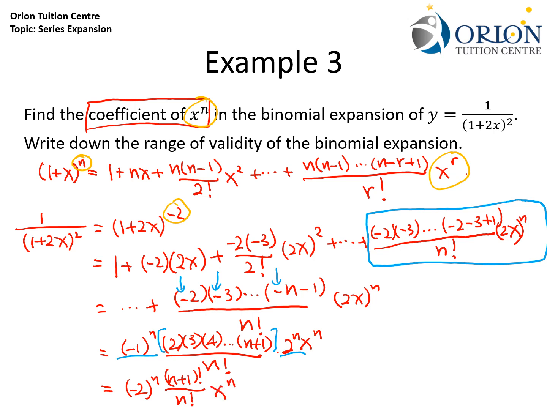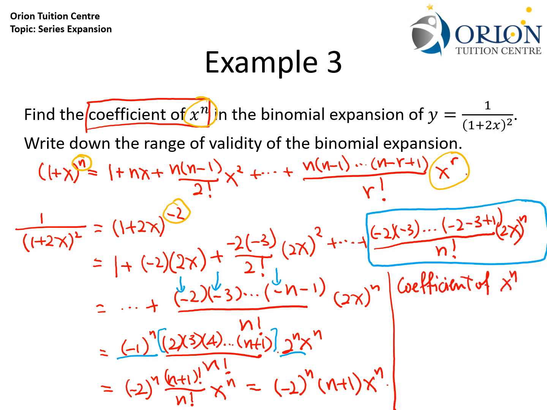And thus, this gives us negative 2 to the power of n multiplied by n plus 1 times x power n. So based on this, we can say that the coefficient of x power n is negative 2 to the power of n times n plus 1.